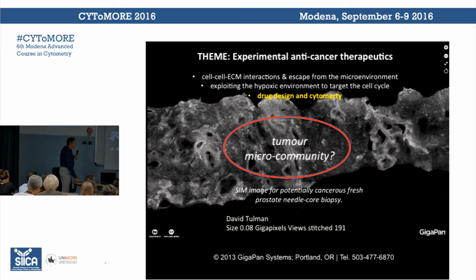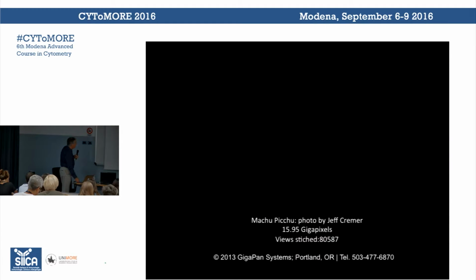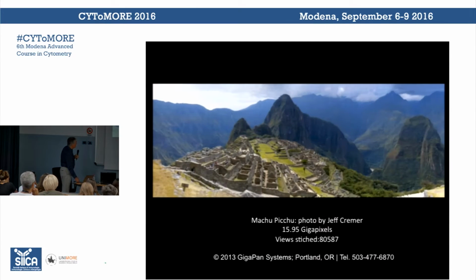So let's look a little bit more closely at that microenvironment as we zoom in on that prostate cancer. Believe it or not, that's what it looks like as you try to zoom in. Please note that this is Machu Picchu, all right. It's not a prostate cancer, but just in case you were wondering.